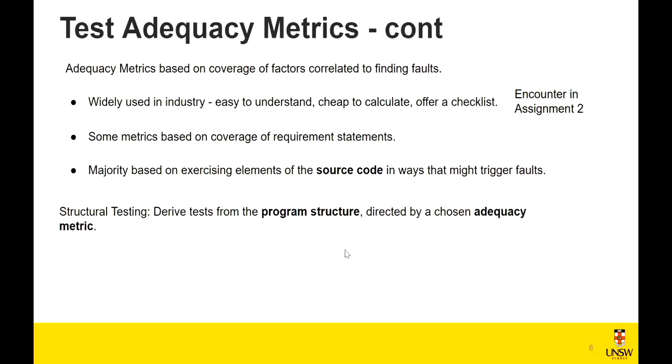Structural testing is to derive test cases from the program structure, directed by a chosen adequacy metric which is related to the coverage of something. You may wonder why it is called structural testing. The structural here refers to the structure of the program under test.